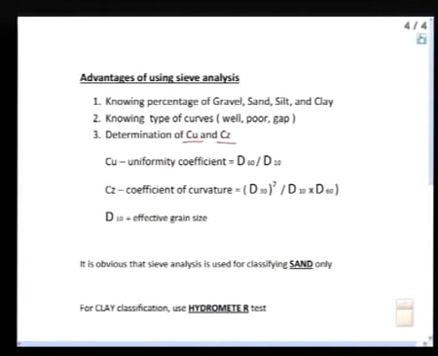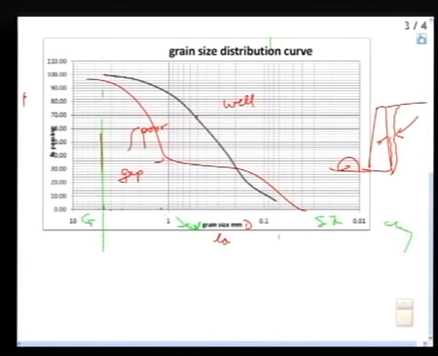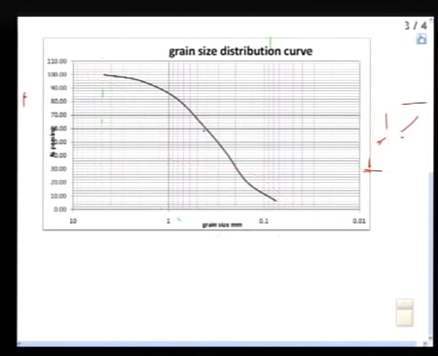CU is called the uniformity coefficient. It is D60 over D10. What is D60 and what is D10? D60 is the diameter at which 60% of the sample passes through.